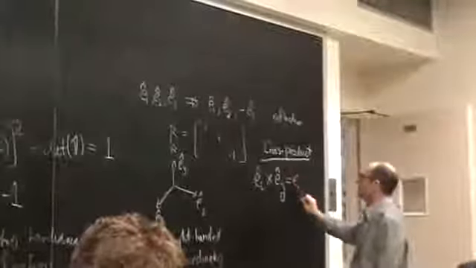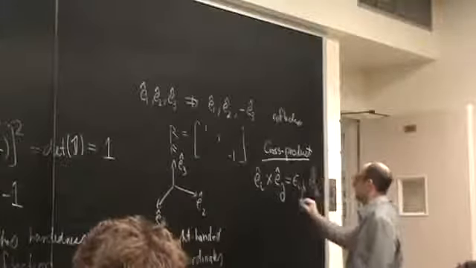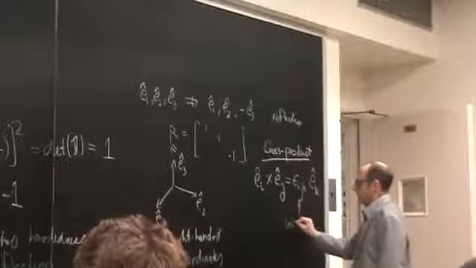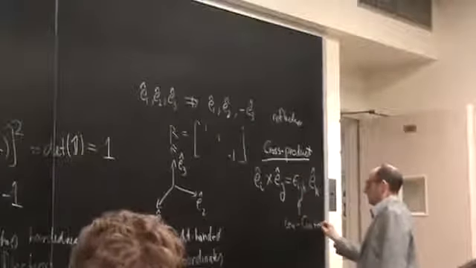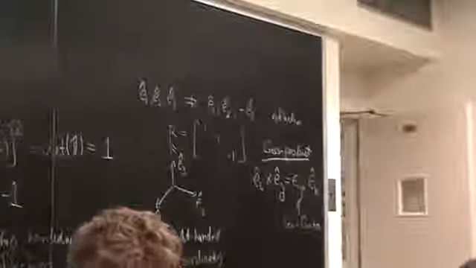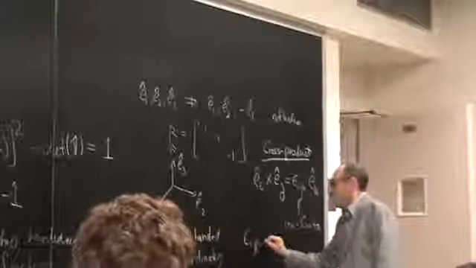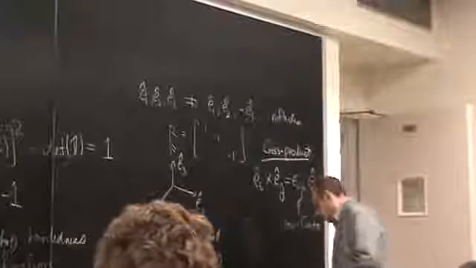So we introduce the famed Levi-Civita symbol, where epsilon ijk, now let me write, let me go to the front door.